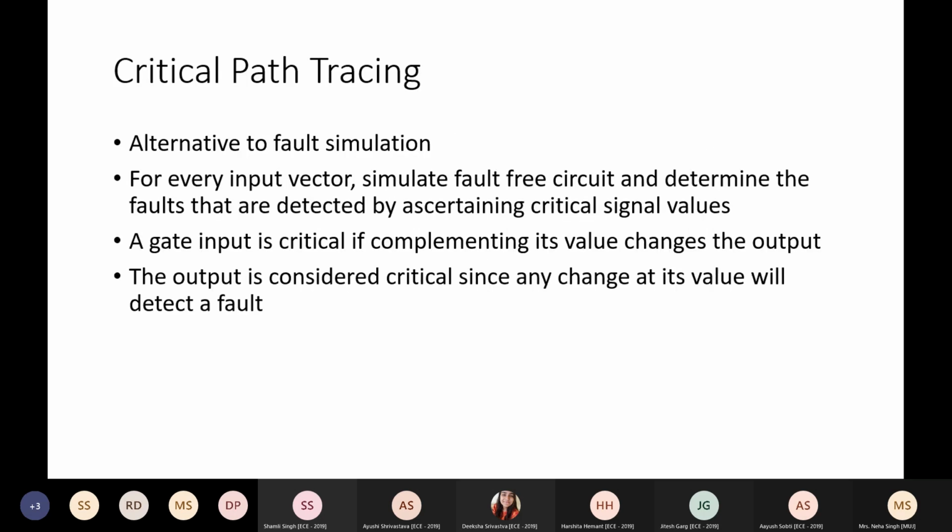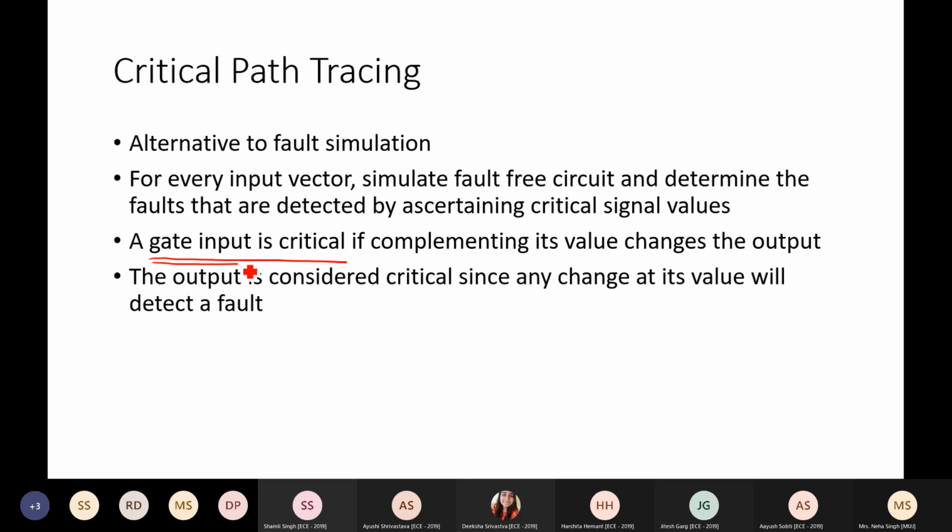So alternatively to fault simulation, because for fault simulation we begin with the test vectors, we here will be taking up different test vectors. For every input vector, we have to simulate a fault-free circuit and determine the fault. Multiple fault circuits were required to be simulated, right? Now we will choose the gate input which is critical.